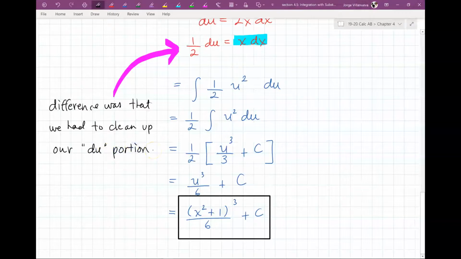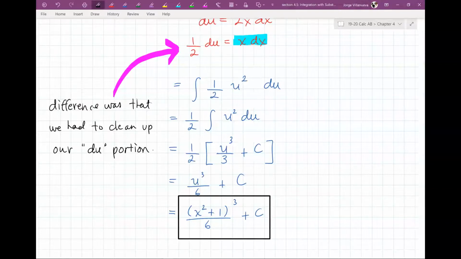It didn't match perfectly. The du, the derivative, was a 2x dx, right? And I didn't have a 2x dx in my problem. I had an x dx, but not a 2x dx. And that 2, by the way, does not refer to the power that's left over there. You can't say, oh no, there is a 2, it's the power. No, it has to be an actual constant in front of a variable.